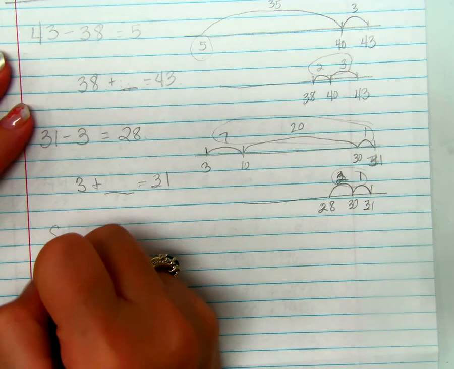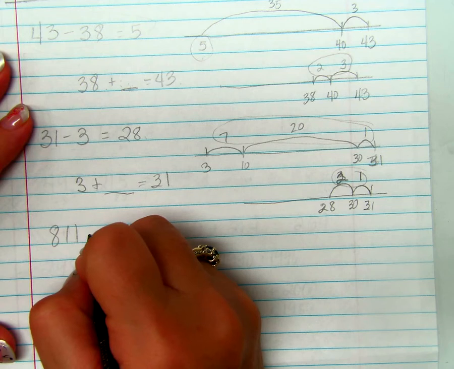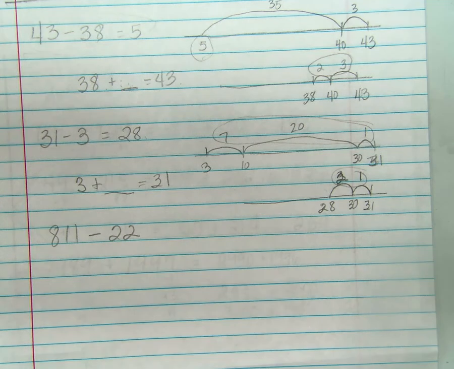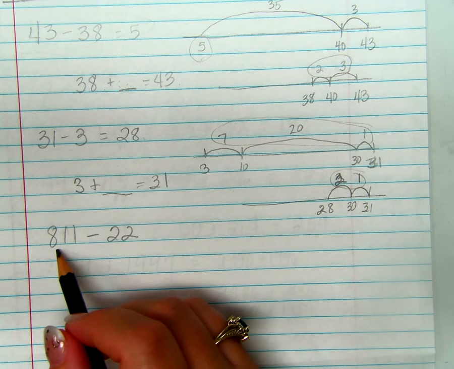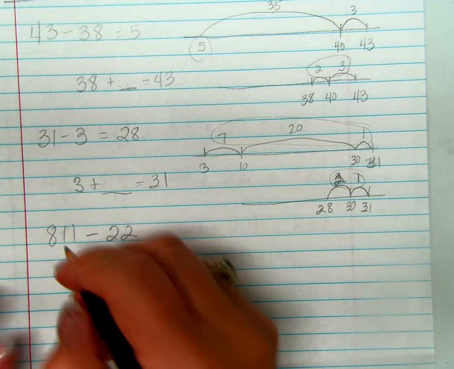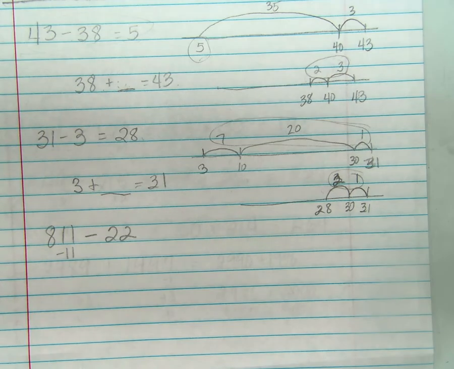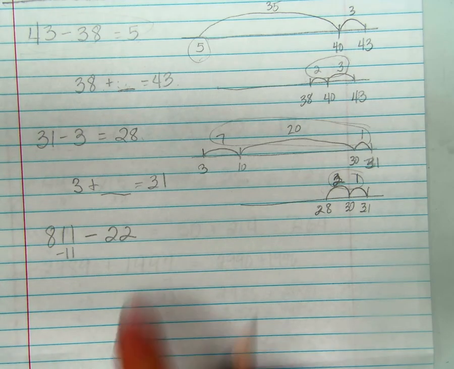So what about this one? 811 minus 22. If we're thinking about doing this problem the way that we did the addition problems, and I want to get this one to what? What do you think I would get this first number to? 800. So if I'm getting it to 800, I subtract 11, right? What do I do to this side?